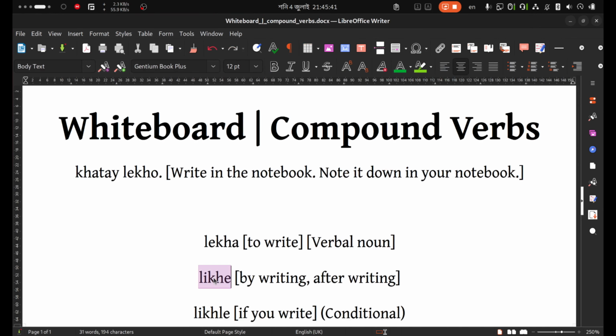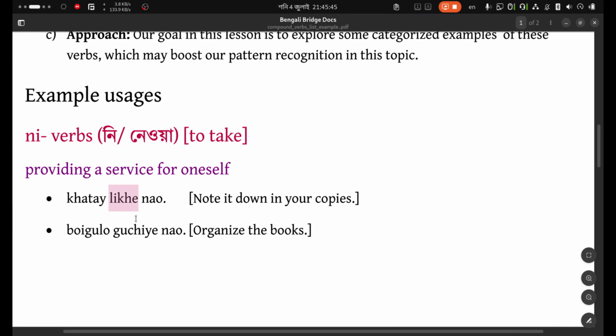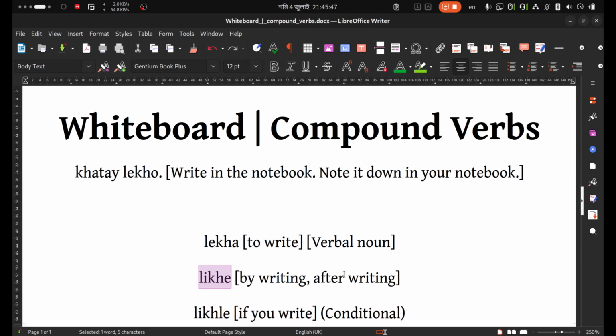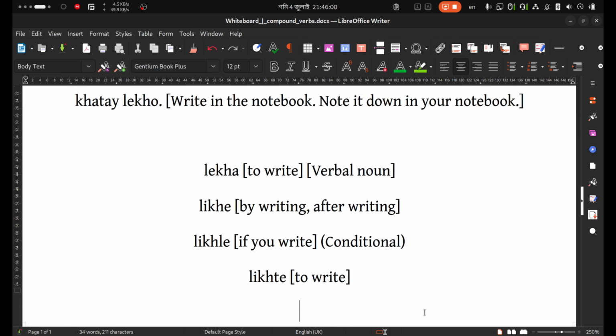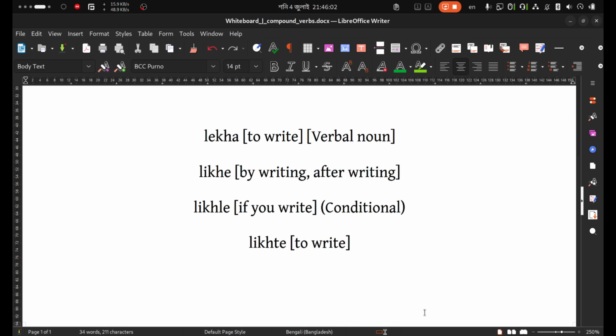We will be using this one, likhe, and yeah, there is another one I forgot, likhte. This one also means to write. I will make it clear with examples.